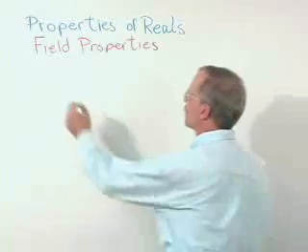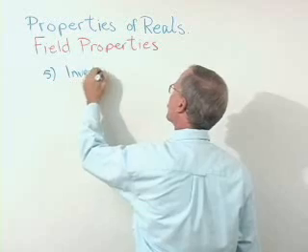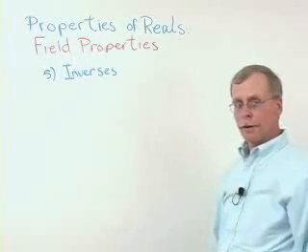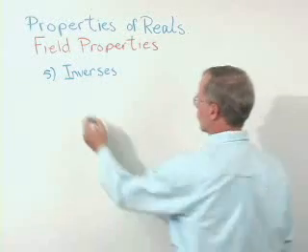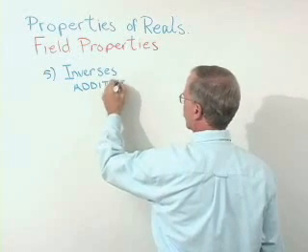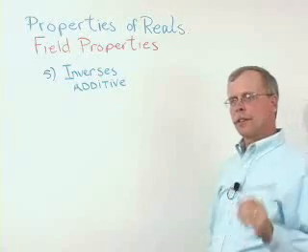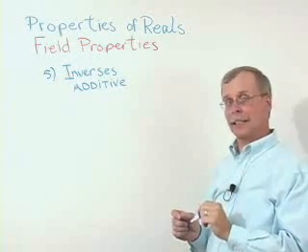The fifth property of fields is the existence of inverses. There are additive inverses for every number and multiplicative inverses for every number. First, let's consider additive. You have an inverse of another number if, when you perform the operation, you get the identity.